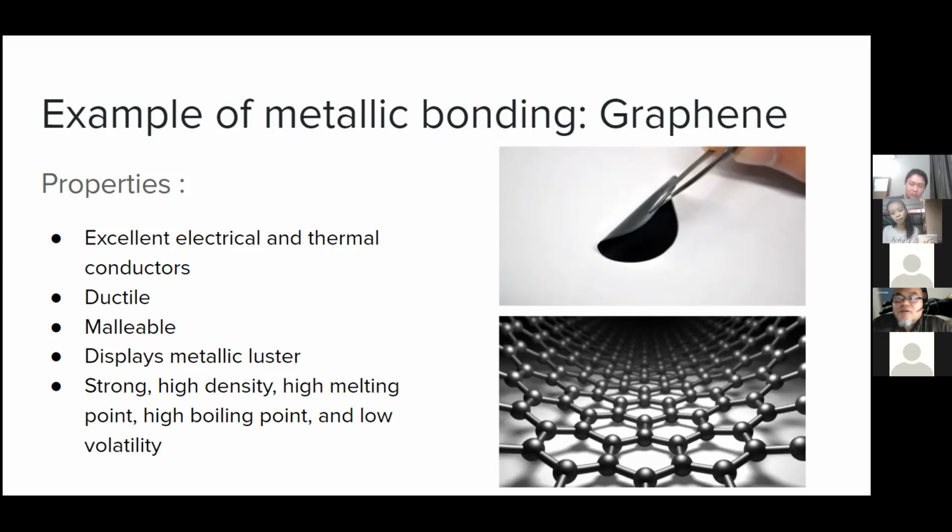Okay, but how many electrons does carbon have in its outermost valence shell? What is the atomic number of carbon?